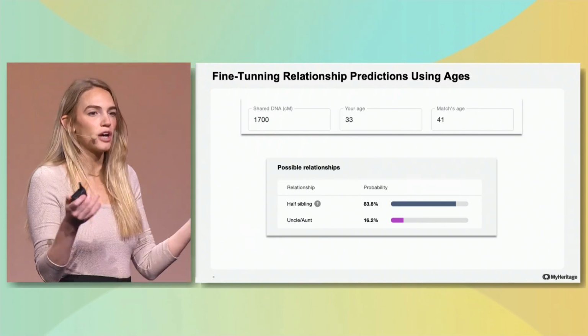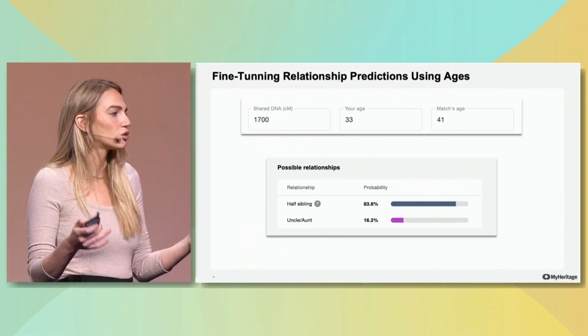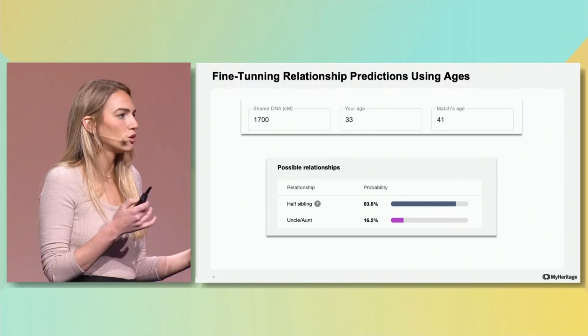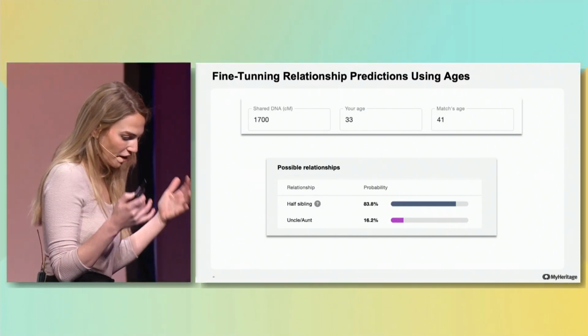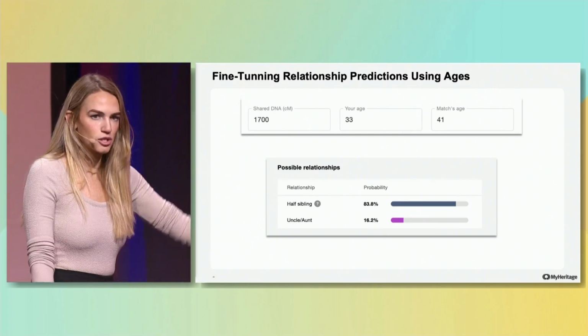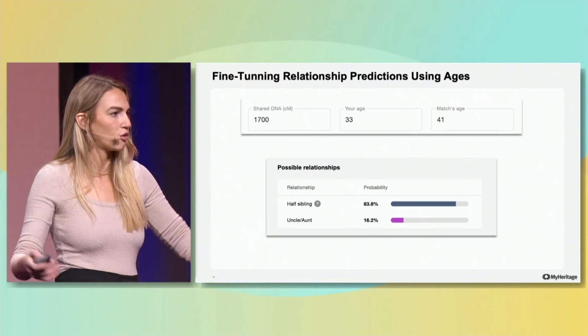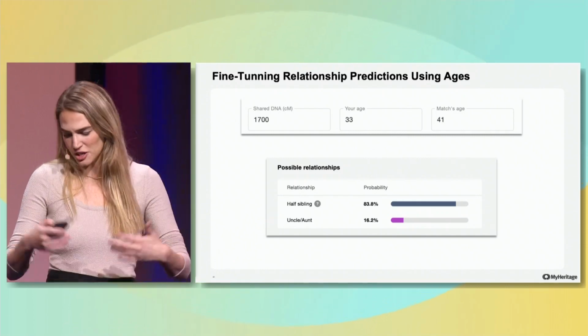So we ruled out impossible relationships. No more looking at whether this is a grandchild or a niece or nephew. We can refine these probabilities. This is quite a simple example, but it can also be further enhanced for other relationships such as cousins.